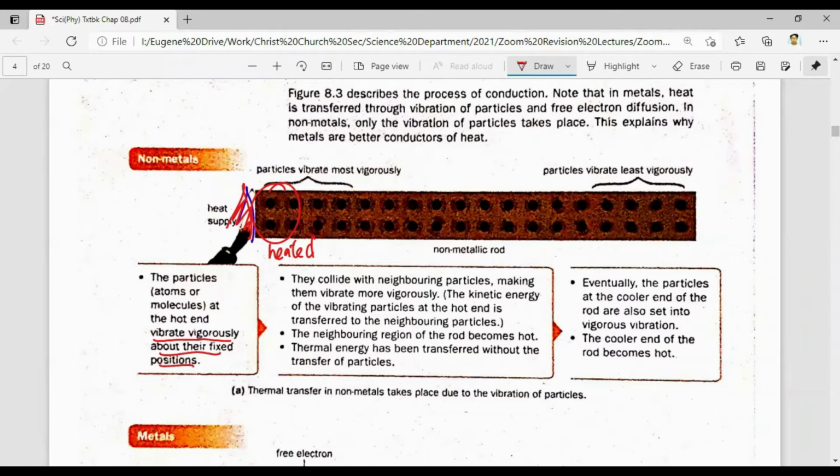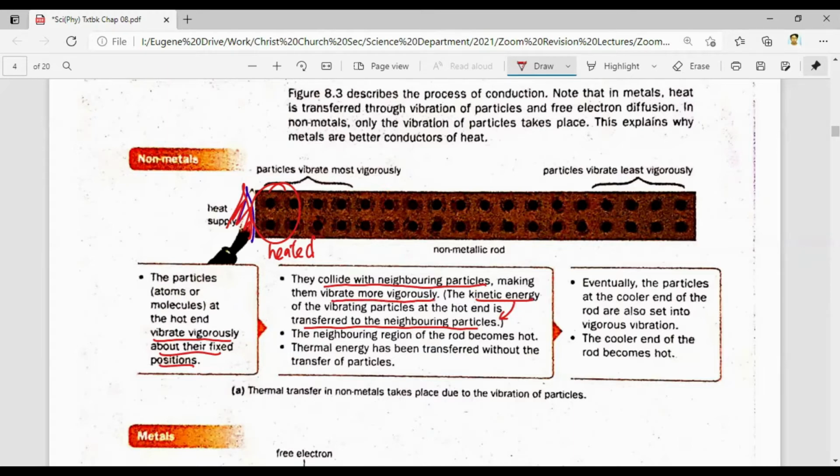When they vibrate more vigorously, because there are neighboring particles around them, they will collide. During this collision, the kinetic energy is being transferred to the neighboring particles, and because the kinetic energy is transferred, they will vibrate more vigorously.